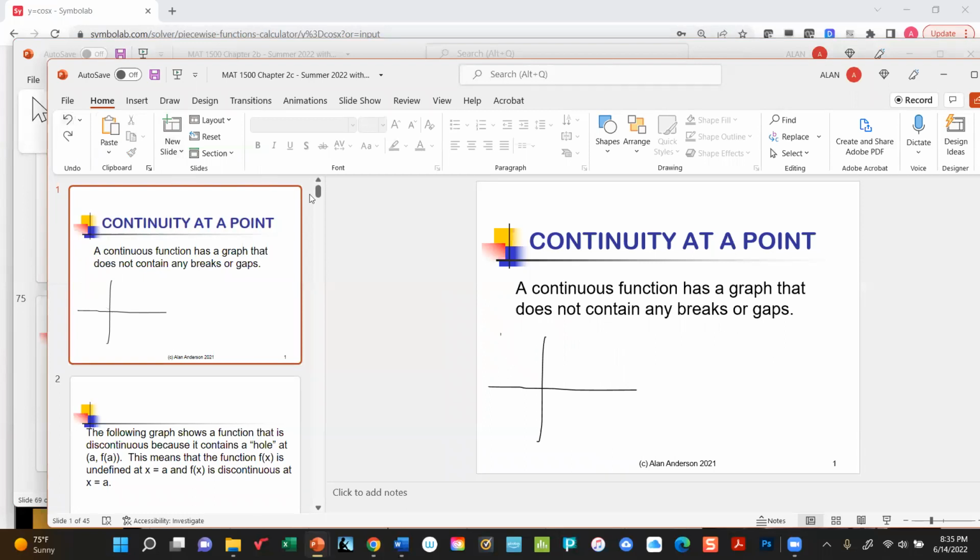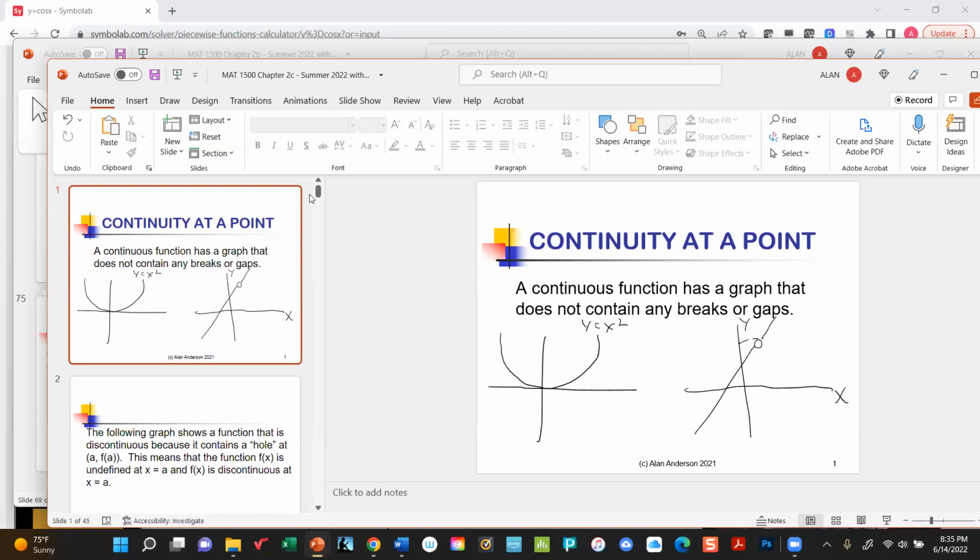I'm trying to make it look just right. It's continuous because there's no breaks or gaps in the graph, whereas something like this is discontinuous because there's a hole there.